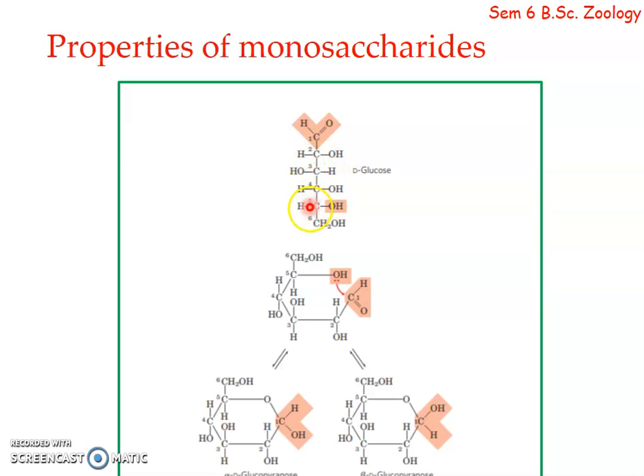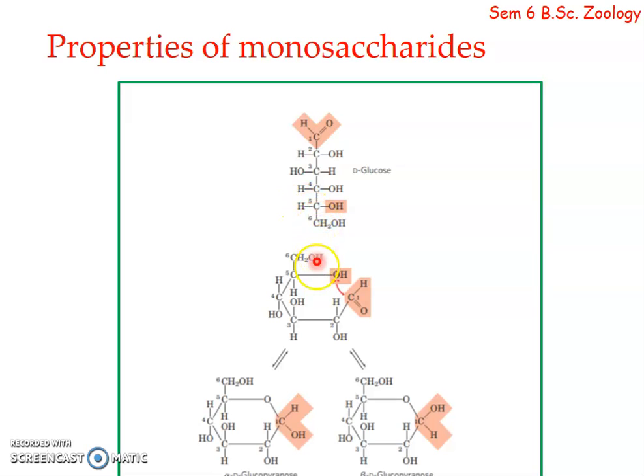Depending upon the number of asymmetric carbons, we can have 2 raised to n, or 2 raised to 4 stereoisomers. 2 raised to 4 becomes 16. So 16 isomers are possible with D-glucose when it is in the open chain.